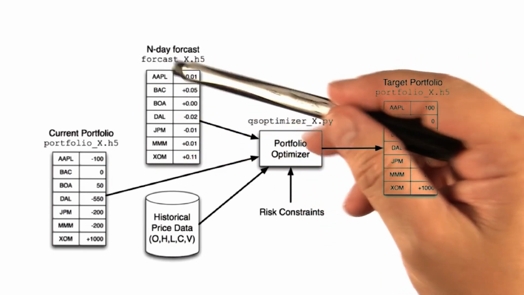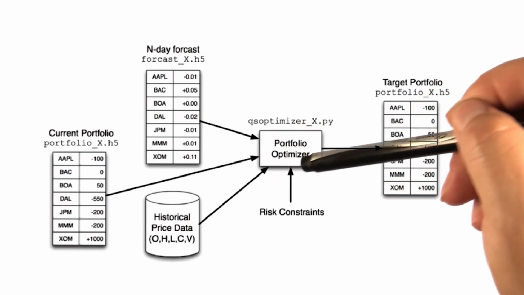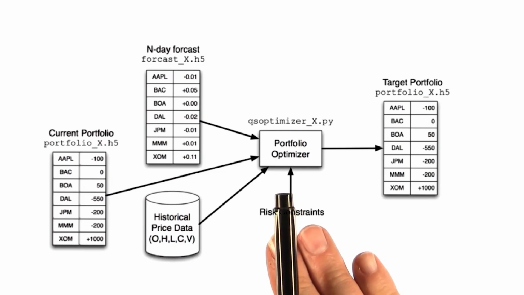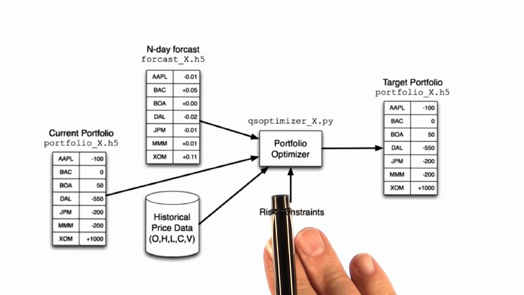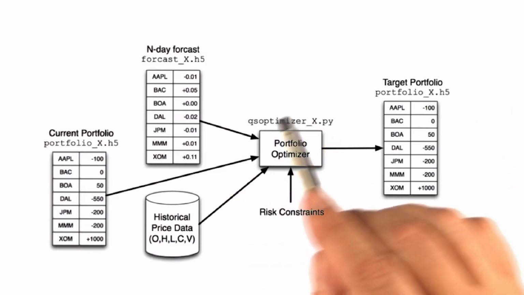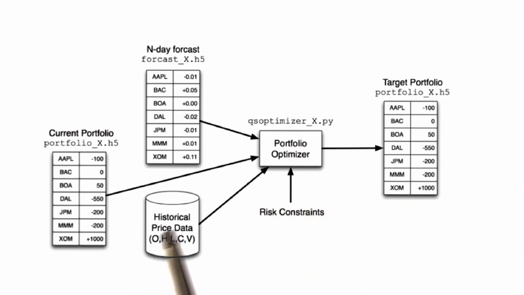So this forecast informs this algorithm called a portfolio optimizer that works to balance the risks and rewards for a balanced portfolio that considers volatility and correlation between different stocks and so on. We're going to talk a lot about portfolio optimization later in this course. Some other considerations that go into the portfolio optimizer are historical data: open, high, low, close, and volume.